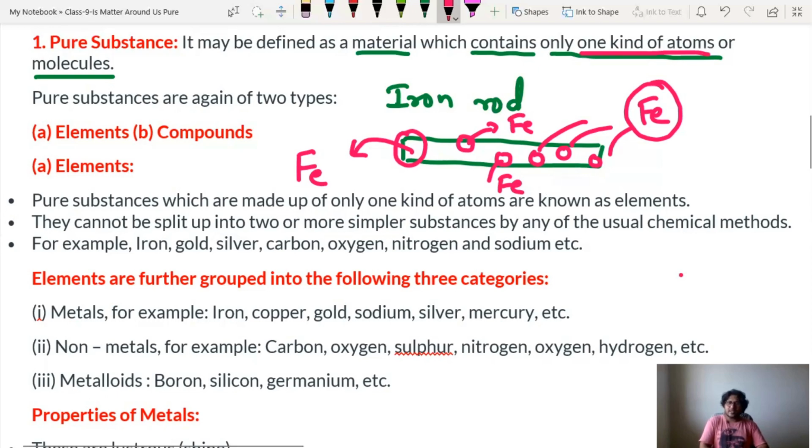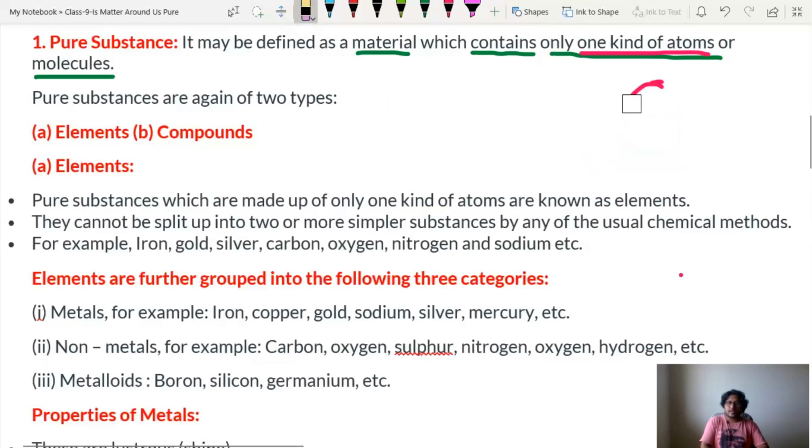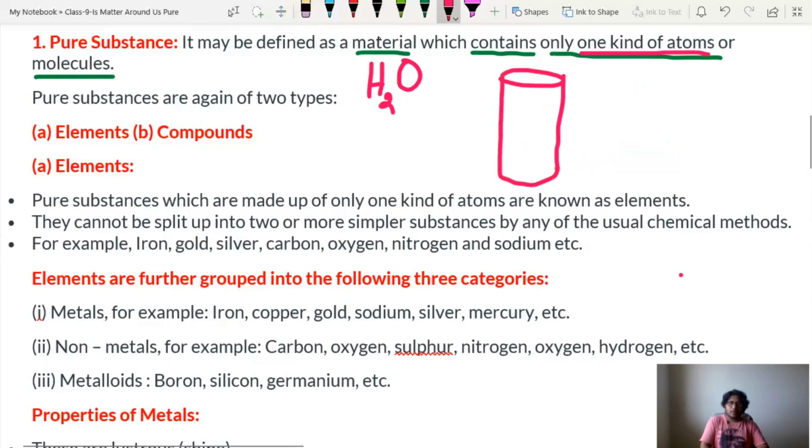You can consider another example. Let us consider water. What is the chemical formula of water? Yes, it is H2O. H2O, chemical formula of water. Take one glass and pour some amount of water in it.